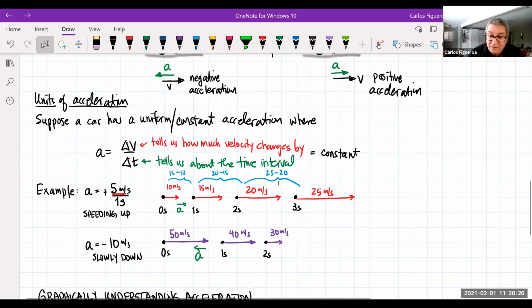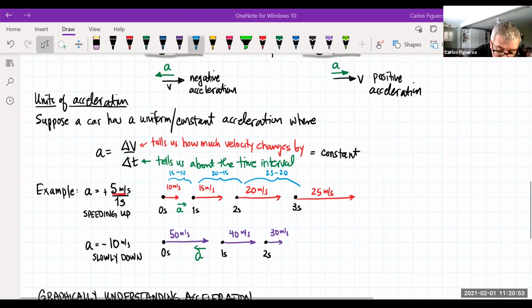Now, because it's larger, what this tells me here is that I'm going to be changing my velocity even more. So if I look at here, I start off at 15 meters a second. And if I'm slowing down, the acceleration, because it's in the opposite direction, is reducing the speed.